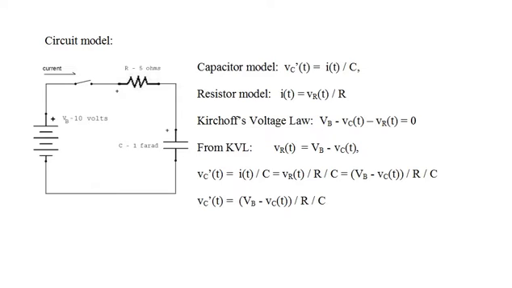And V_R(t) = V_B - V_C(t), so we make that substitution, and we have the differential equation model for the circuit. That is, V_C'(t) = ((V_B - V_C(t))/R)/C.